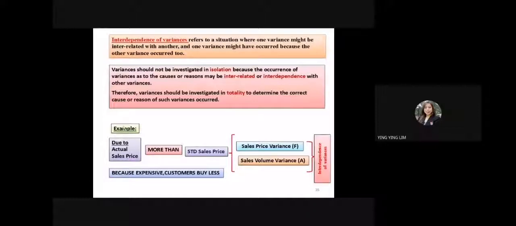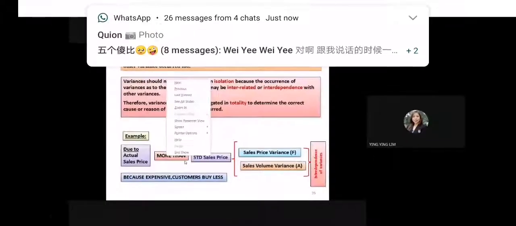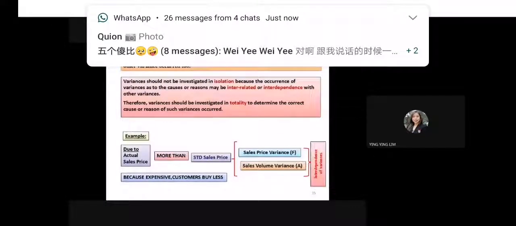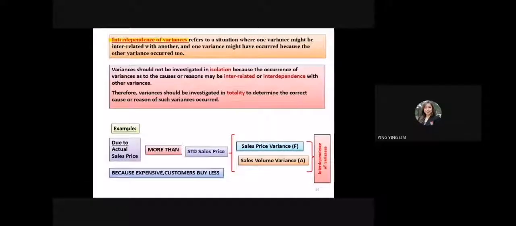Alright, so just now the part that I'm linking different variances together, I'm linking both. That is called interdependence. So interdependence of variances refers to a situation where one variance might be interrelated with another, and one variance might have occurred because of other variances occurring too.